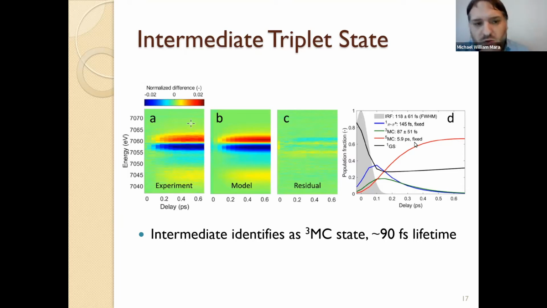Okay, so the Kbeta X-ray emission gives you pretty good spectroscopic evidence of the presence of an intermediate triplet state. However, it's not very good at identifying what the nature of that triplet state may be.